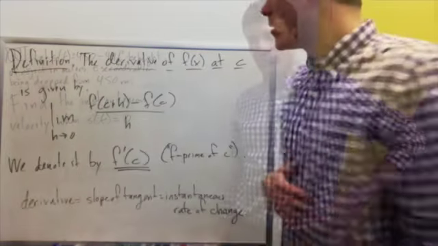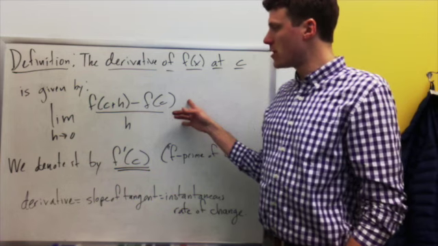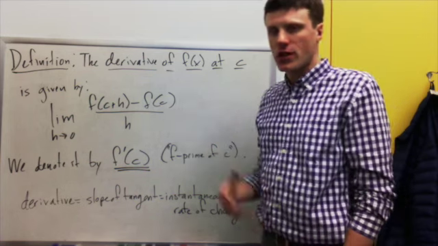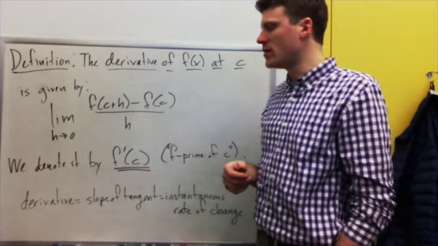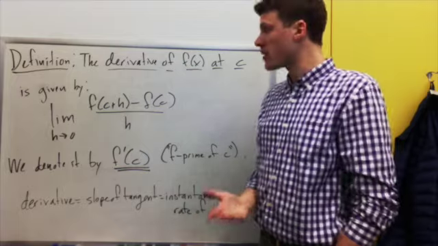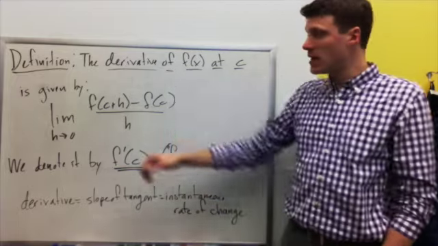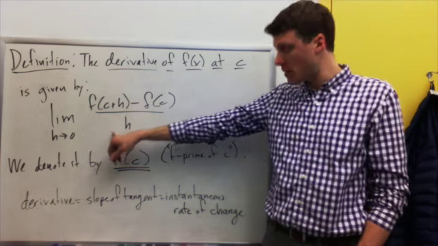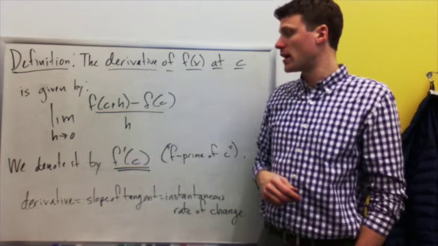Okay, so this expression, the limit as h goes to 0 of f of c plus h minus f of c over h, has appeared in two contexts, as the slope of a tangent line and as an instantaneous rate of change. And that is supposed to be what the derivative is. So that's our definition. The derivative of f of x at c is given by the limit as h goes to 0 of f of c plus h minus f of c divided by h.